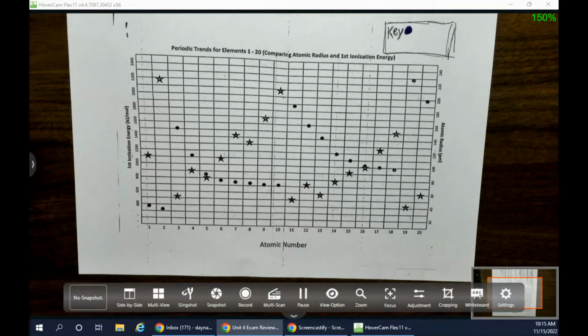I see a couple of you guys flipping pages to it. You want to look at your periodic table. So what is 6 on your periodic table? It was carbon. All right, so carbon.